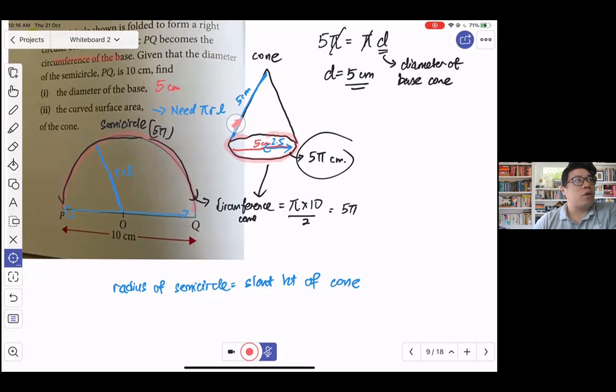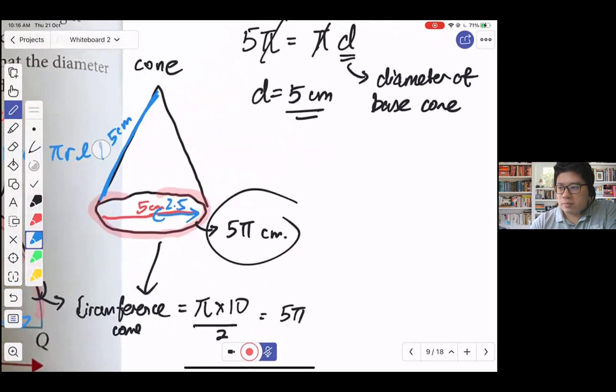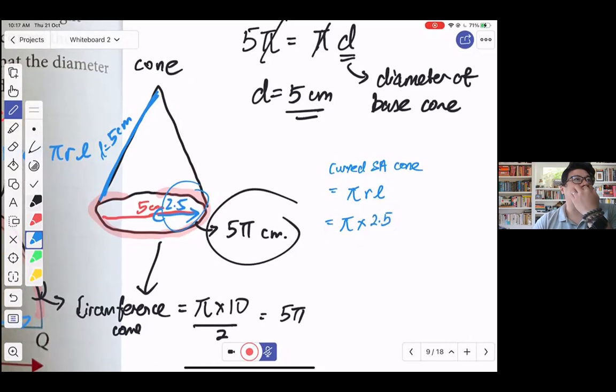Okay, so with that, we also have the l. So l is equal to 5 cm. So just focusing on this cone now, the curved surface area of the cone is pi r l, which is pi times r. Now the r is 2.5. We're talking about the cone, so don't be confused between the two r's, okay?